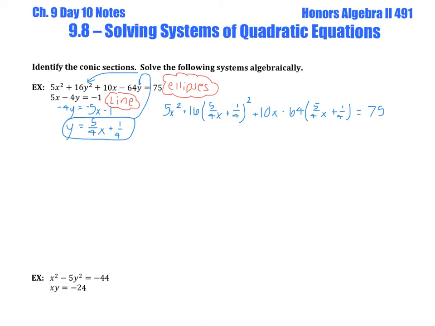So first step, like always, is going to actually be to FOIL this 5 divided by 4x plus 1/4, as well as at the same time, I'm going to distribute this negative sign. So I get 5x squared plus 16. When you FOIL that out, you'll get 25 over 16x squared.